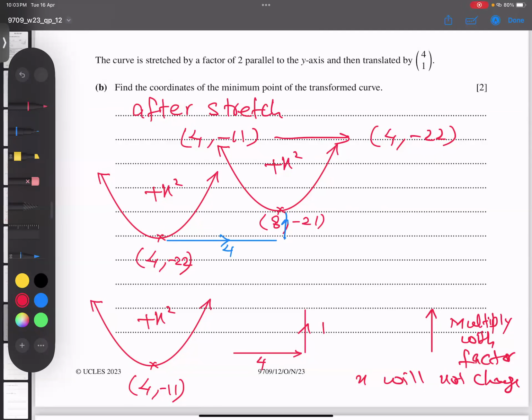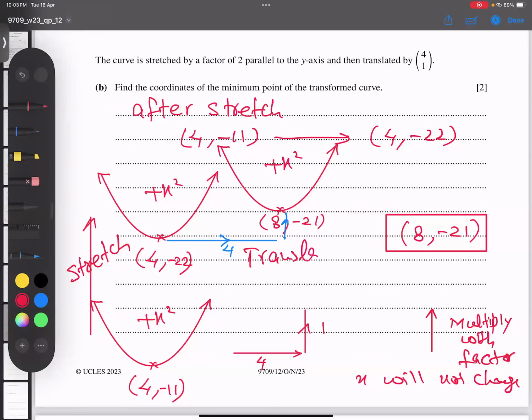I believe the point is very clear, and ultimately the answer is 8 comma negative 21. I believe you got my point. This is called stretch, and this other is called translation. I hope you got the idea. So the diagram is clear to you.